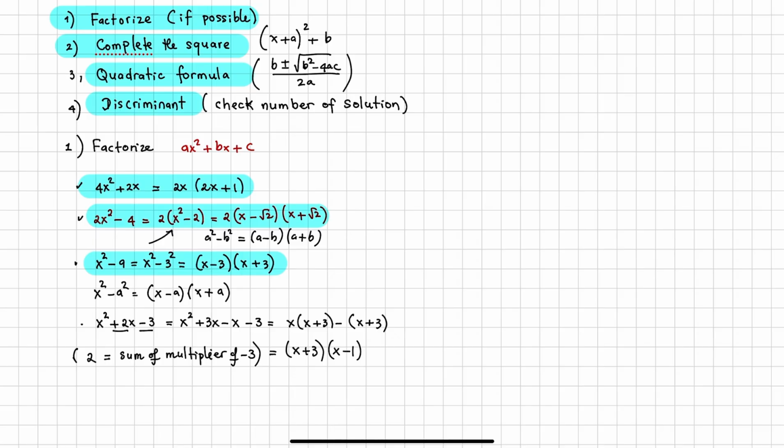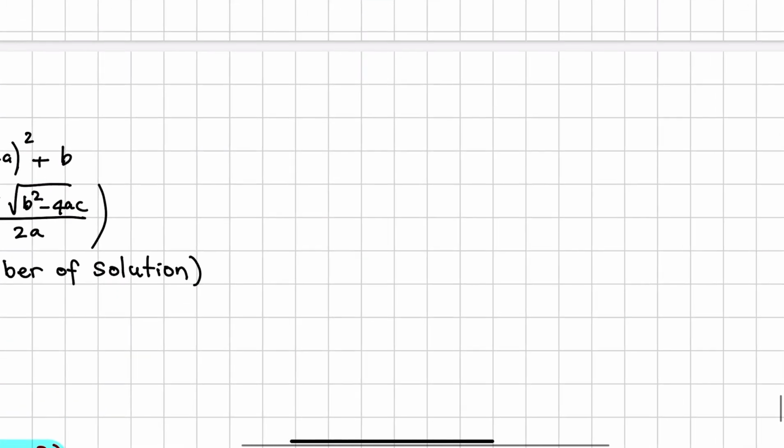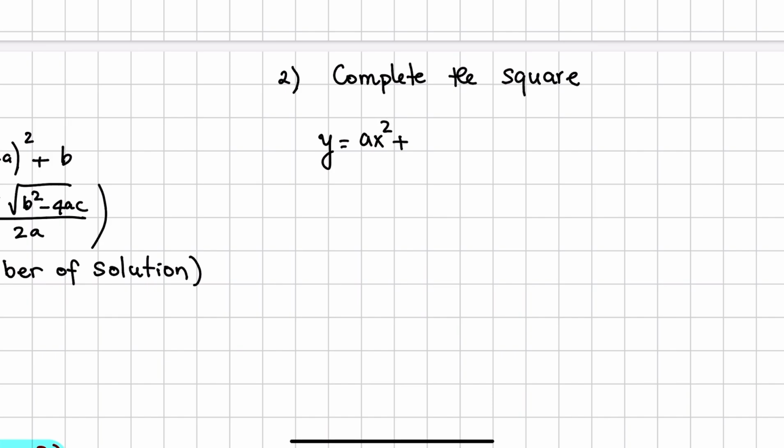So completed square, why do we use completed square, or what is completed square used for? Completed square for quadratics is always used for finding the vertex. You know, the standard form is ax squared plus bx plus c, right?